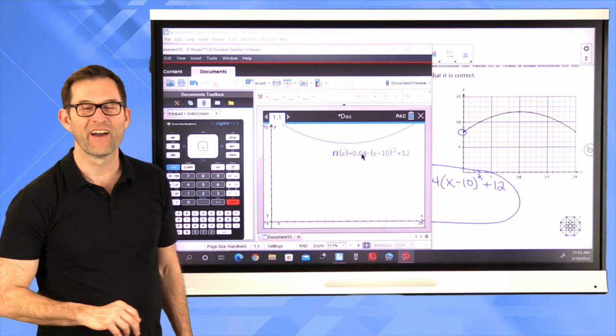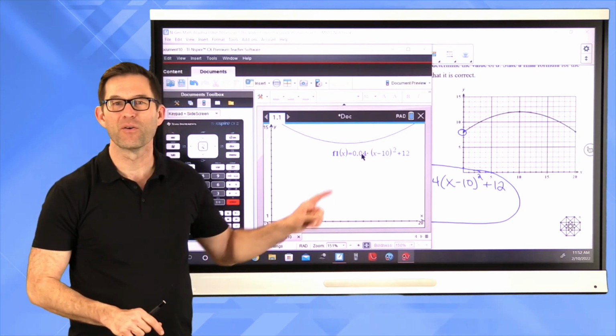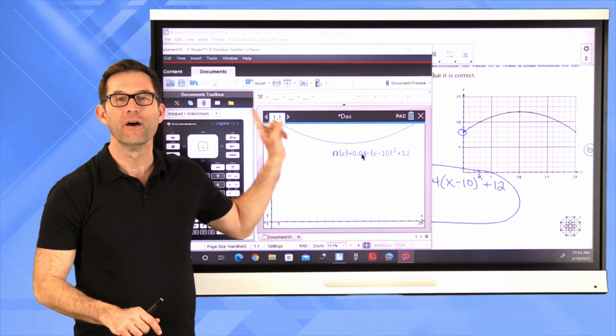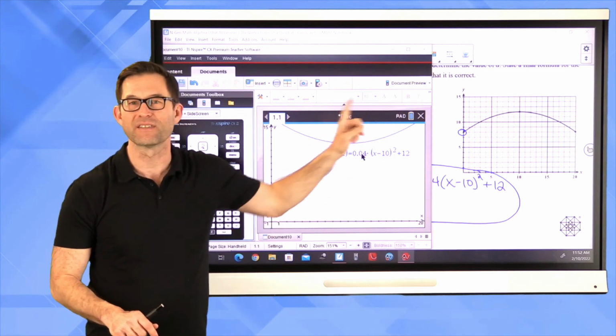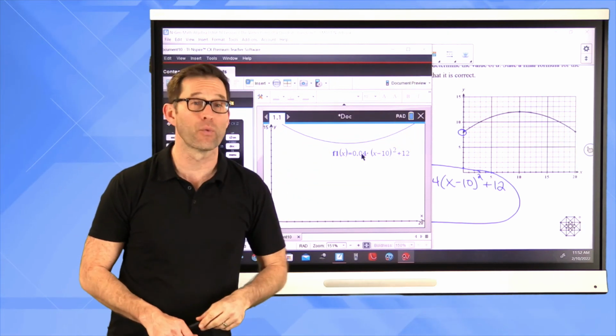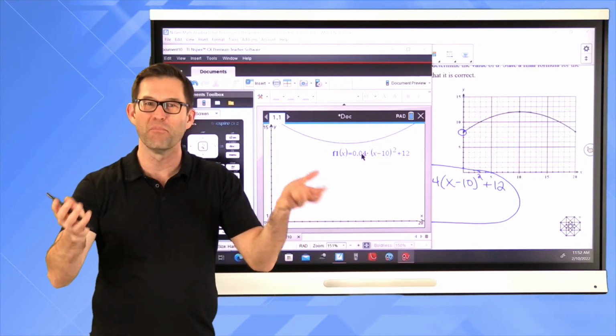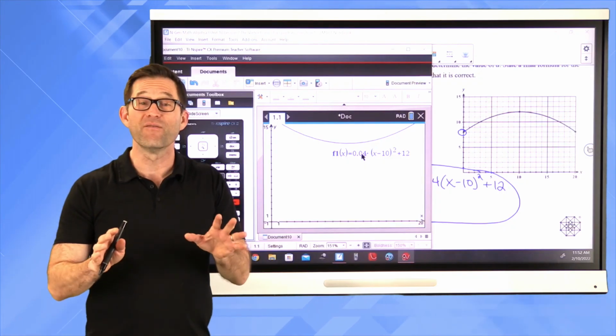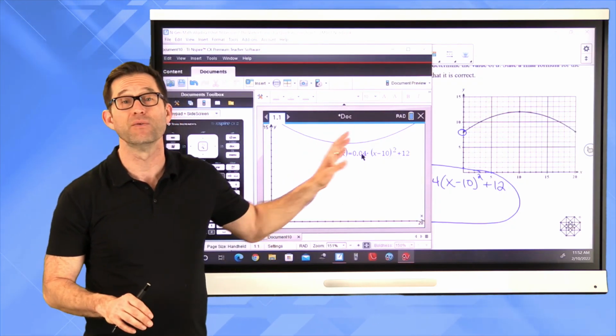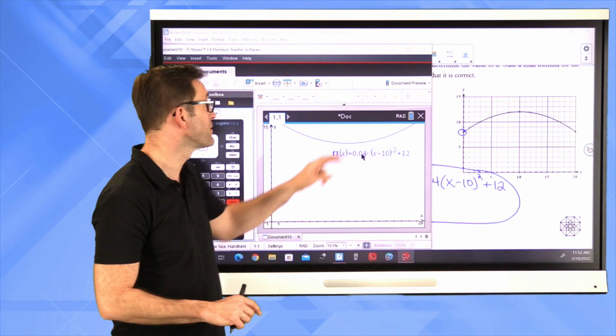I would have exactly the same parabola with exactly the same turning point, but it would be opening upwards instead of downwards, and I would know that that would be a roof that would fill full of water. It wouldn't be a dome anymore, it would be a bowl. So we can verify that we've done things correctly by using our calculator in appropriate ways.